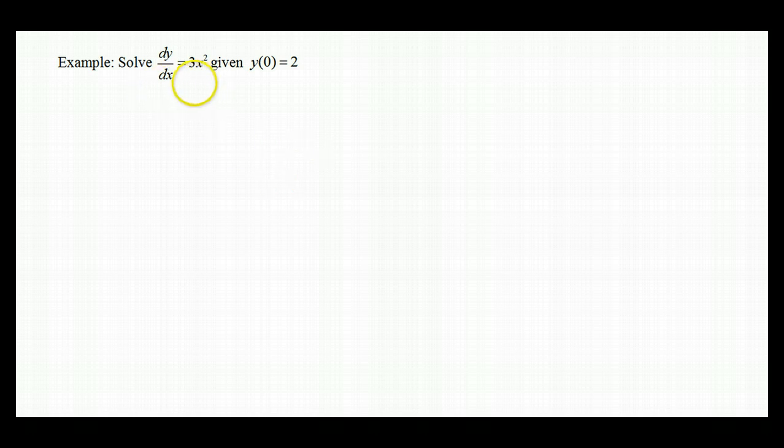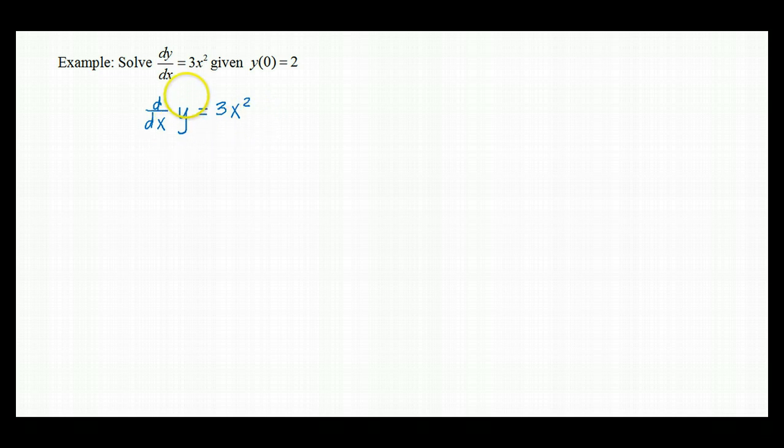Just looking at the differential equation, dy/dx equals 3x squared, you might be thinking, what exactly am I solving for? So what I'm going to go ahead and do is rewrite this. So dy/dx can be rewritten as d/dx of the variable y, so the derivative of y equals 3x squared.